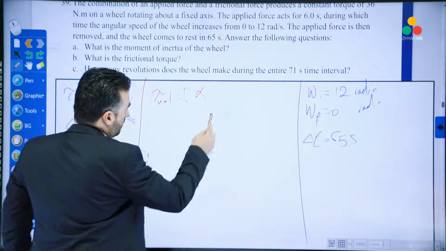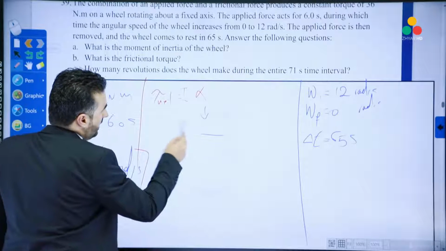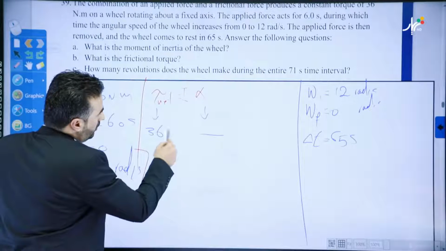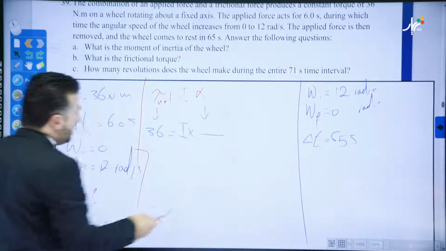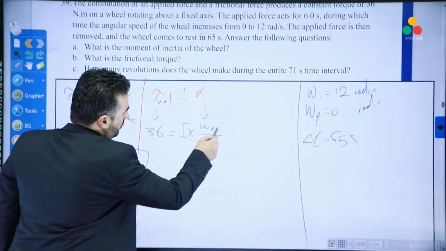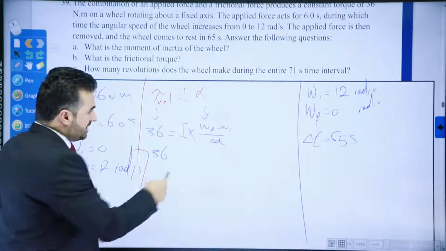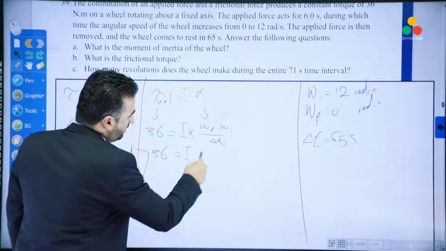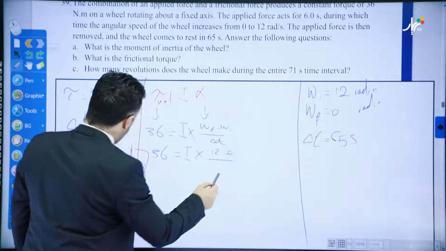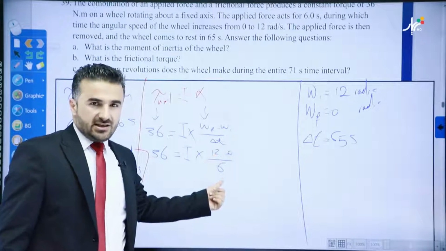Let me plug in some numbers. Net torque is 36, which equals the moment of inertia multiplied by the angular acceleration, omega final minus omega initial divided by delta t. So 36 equals the moment of inertia multiplied by 12 minus 0 divided by 6 seconds. 12 divided by 6 is 2.